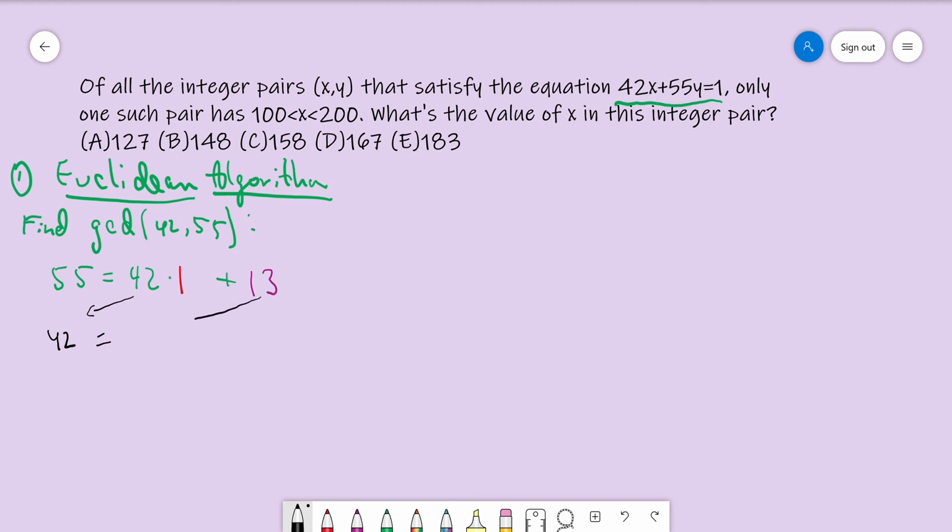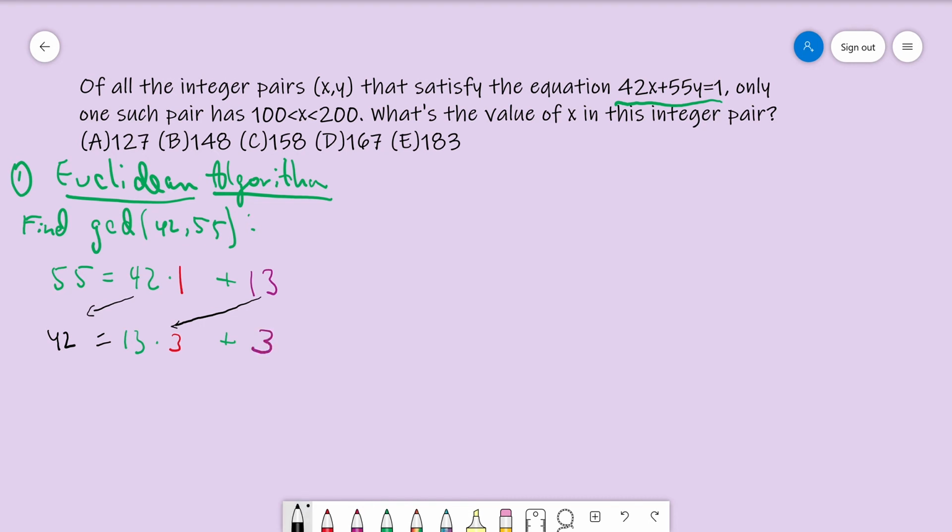So 13 is going to go here, 13 times some number plus some remainder. So how many times does 13 go into 42? 3 times, because 13 times 3 is 39, and then the remainder is going to be 3.